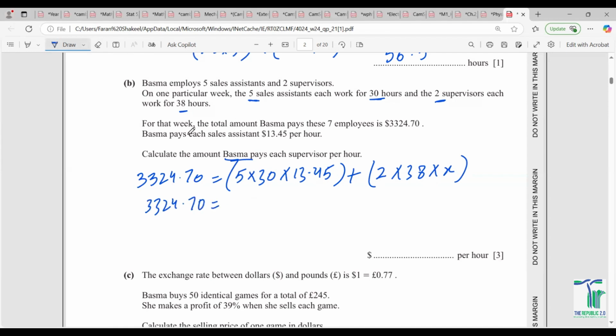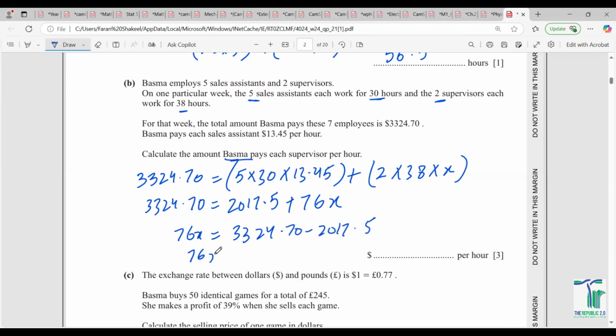3324.70 equals to, अगर आप इन सबको multiply करते हैं 5 times 30 times 13.45, so you'll be having 2017.5 plus when you're going to multiply 2 by 38, you would be having something like 76x. So 76x would be equal to 3324.70 minus 2017.5, which would be 1307.2.